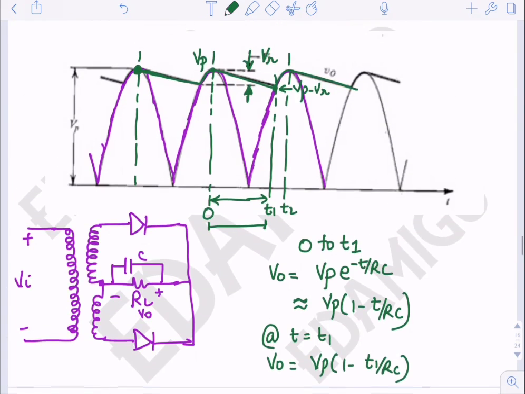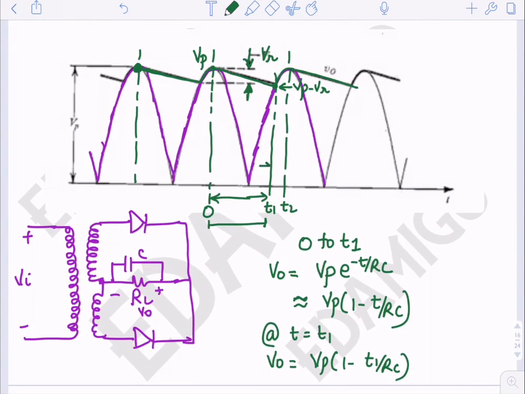Since this time delta t, the difference between t1 and t2, is very small, I can say that the time distance between t1 and 0 is approximately equal to the time difference between t2 and 0, that is capital T by 2, the time period of the curve divided by 2.